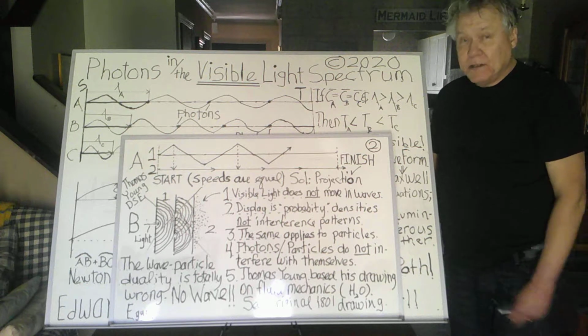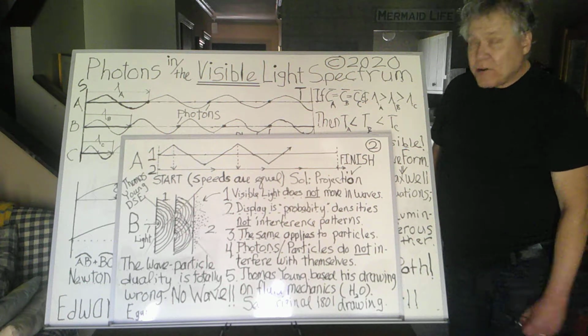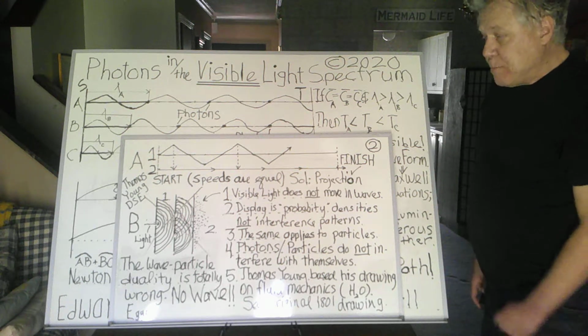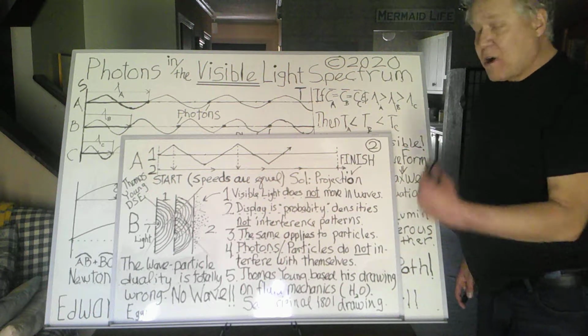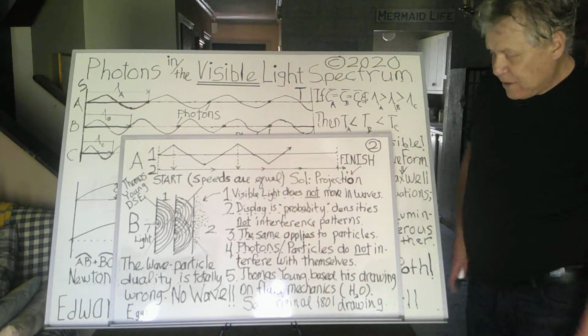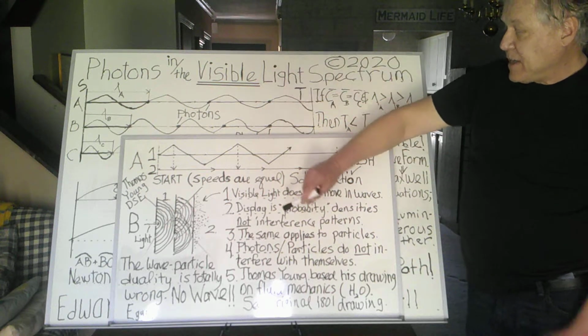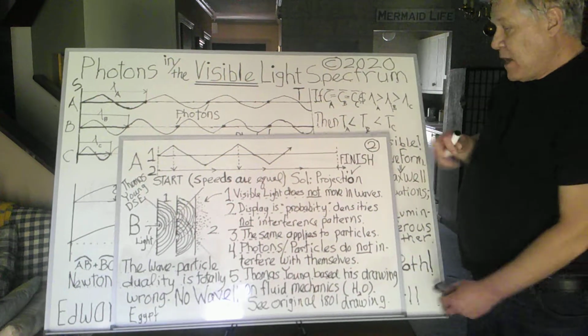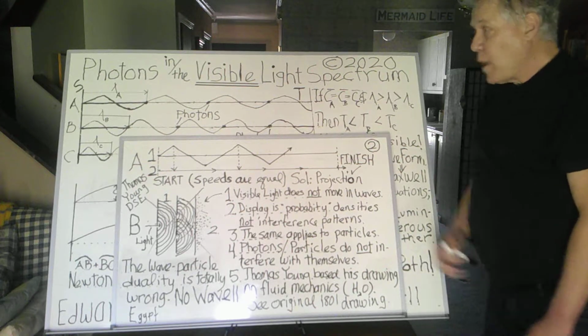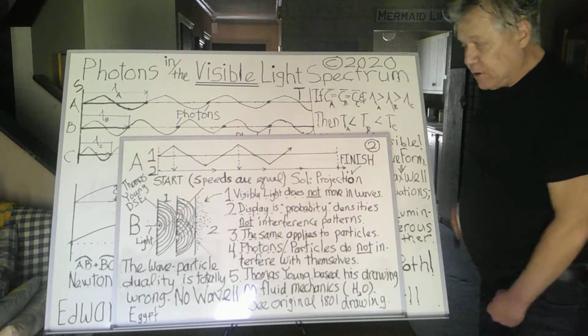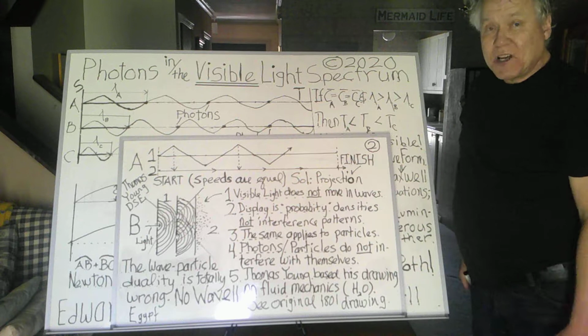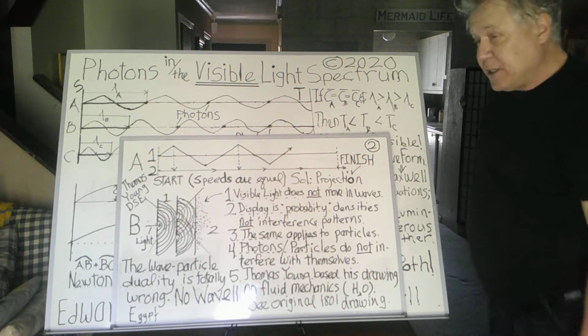It bends in Einstein's general theory. So light can bend. You can still use this, which is particles, and it has nothing to do with waves. So that's the other part. This goes back to this as a reason why photons don't travel in waves, because Thomas Young was wrong. It's completely wrong.